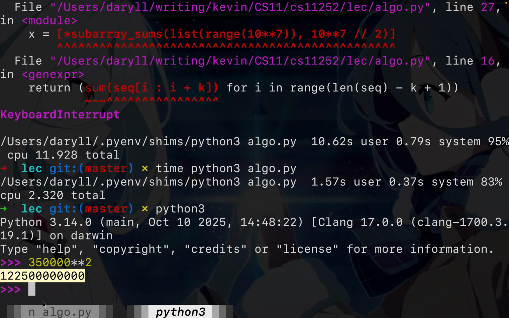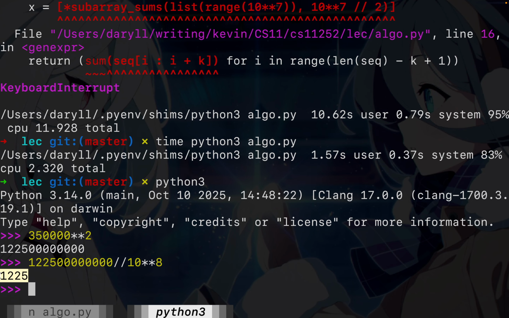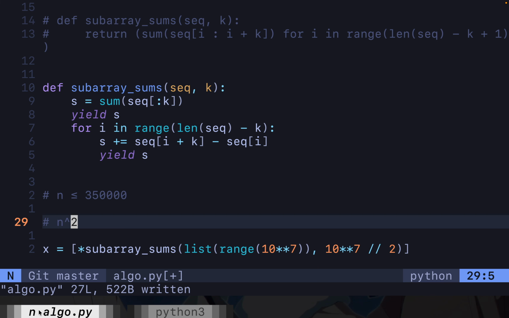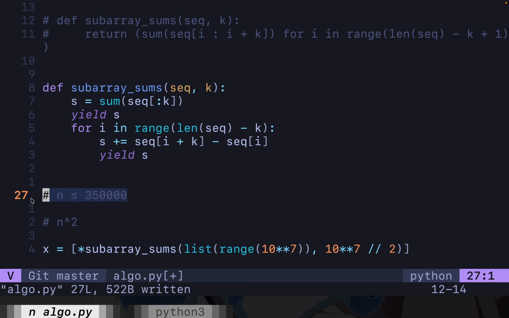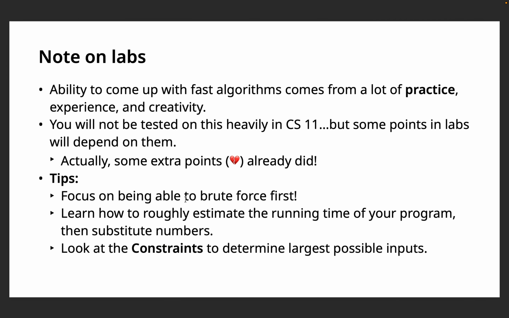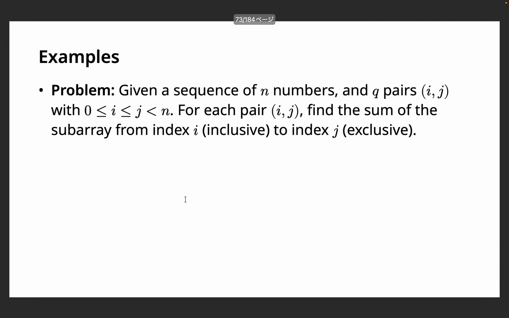If we divide this by 10 raised to 8, it's this many seconds, which is a lot larger than the limit that's set in OJ. So if you have a problem where this is the max input, then a solution that takes around this many steps is not going to pass. That will tell you that you might have to come up with a faster solution.